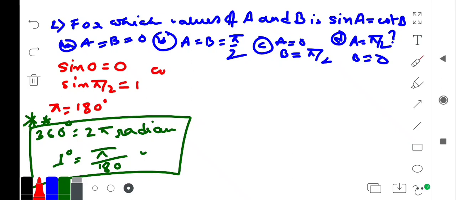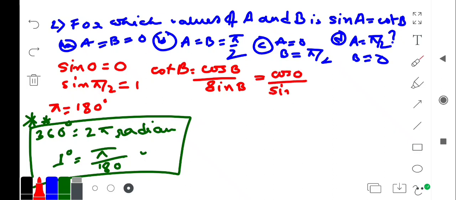Now cot b means cos b by sin b. Now put the value of cos 0 by sin 0, that is 1 by 0, which is undefined.